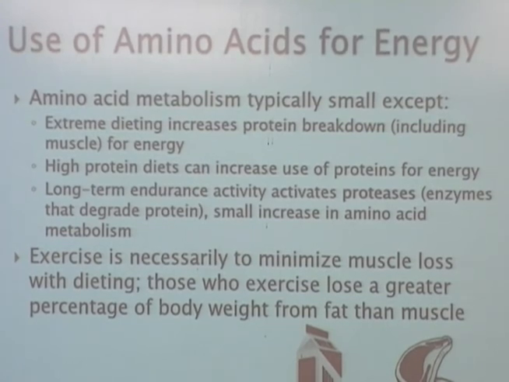Your body will leach calories from wherever it needs to. And it has a nice store of calories in your muscles. So if it has to, it will start to break down muscles to access protein and use it for energy. Okay?